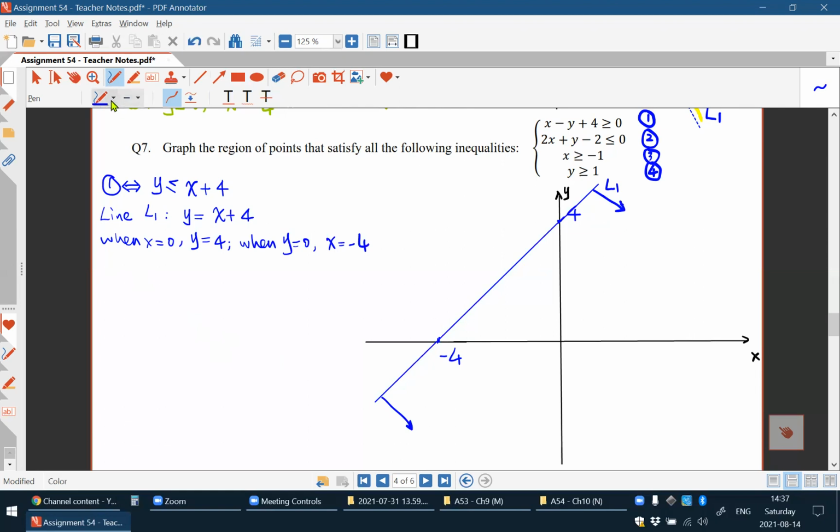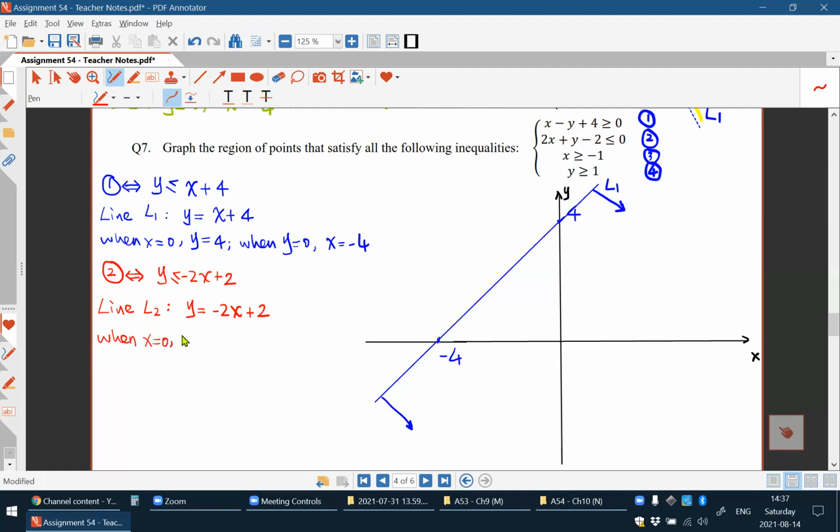Okay, now let's look at the second. Let's use another color, red. The second inequality is equivalent to y is less than -2x plus 2, right? And then we can find our second boundary line L2, which is y equals -2x plus 2. Also, we need to find its x and y intercepts in order to draw this line easily.